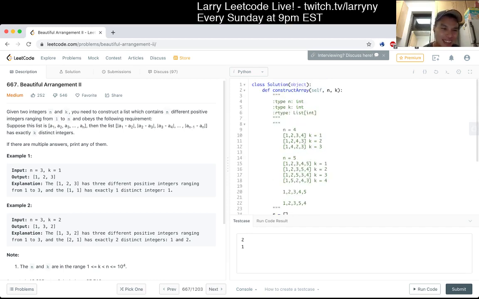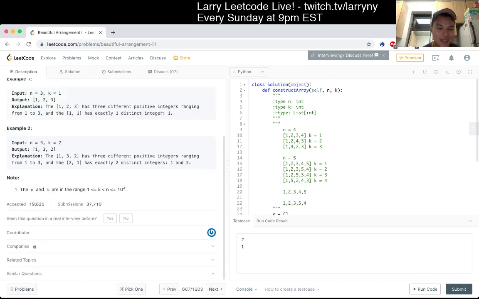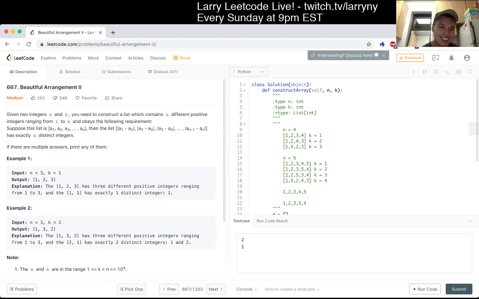Would I expect to see this problem in an interview? Probably not normally. These types of problems are like a roll of a die.